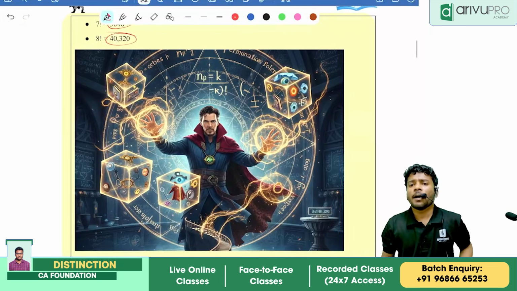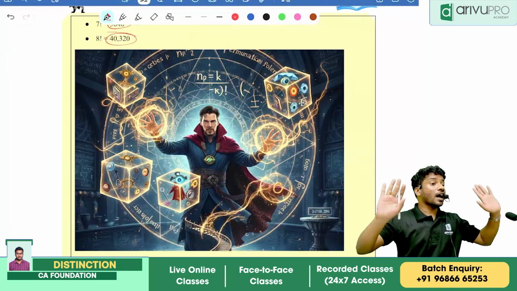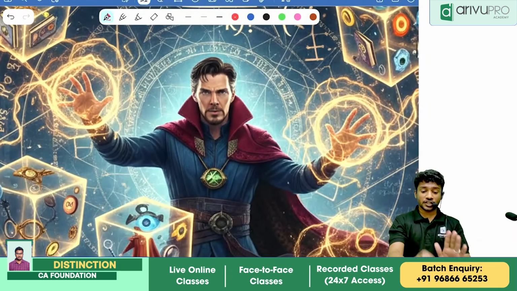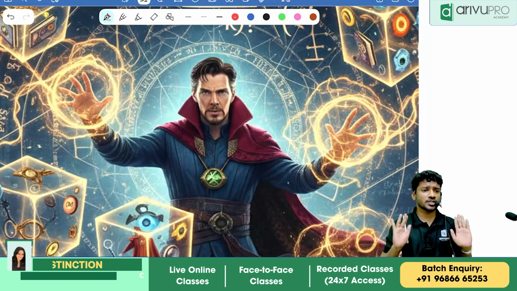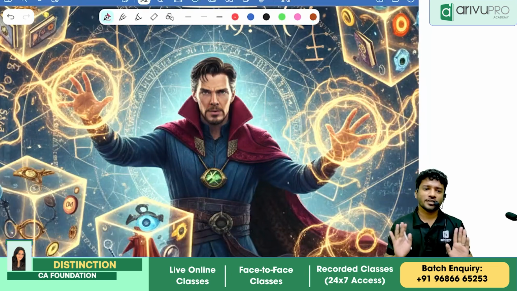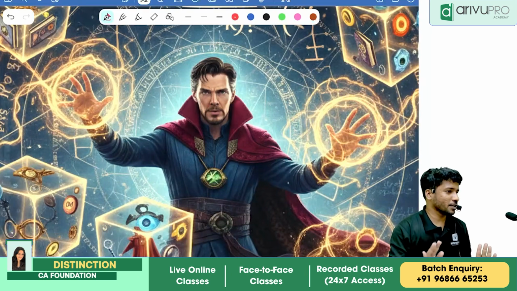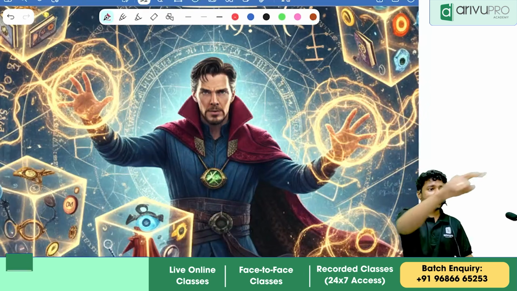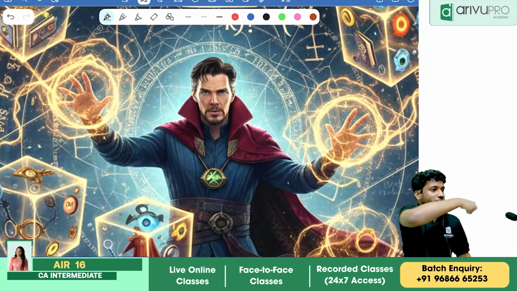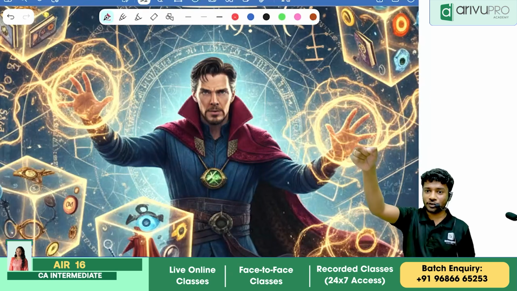Now, people, permutation means what? Arrangement. For example, our Dr. Strange is there. Dr. Strange wants to arrange some people on a bench. What method will he use? He will use the permutation method. Then Dr. Strange walks down here. I want 5 warriors. And he is selecting some 5 people from the group of people. What type is included?